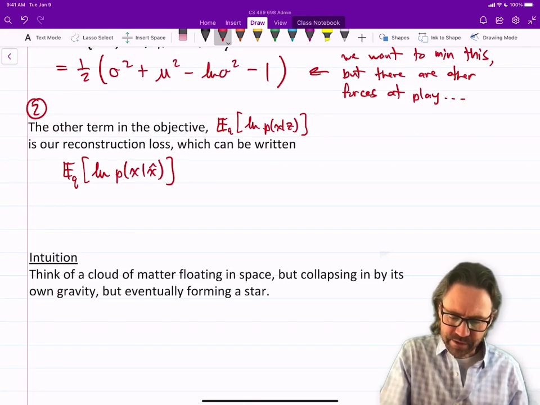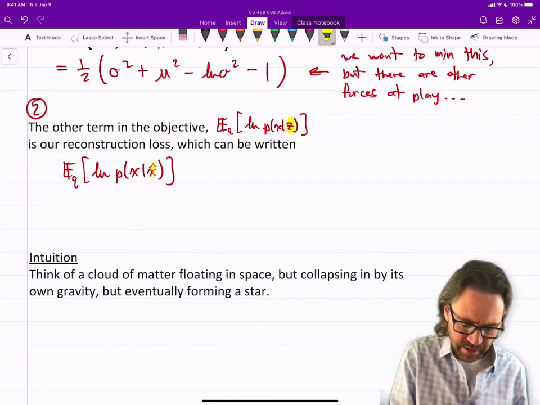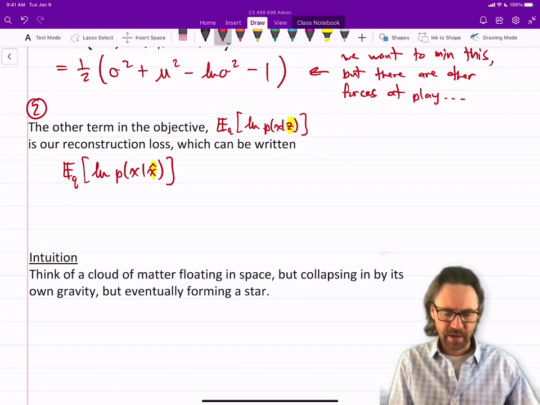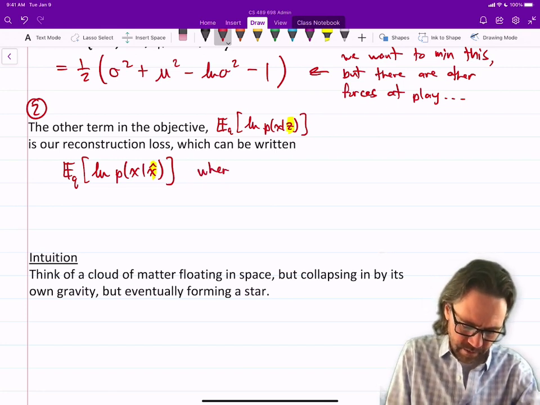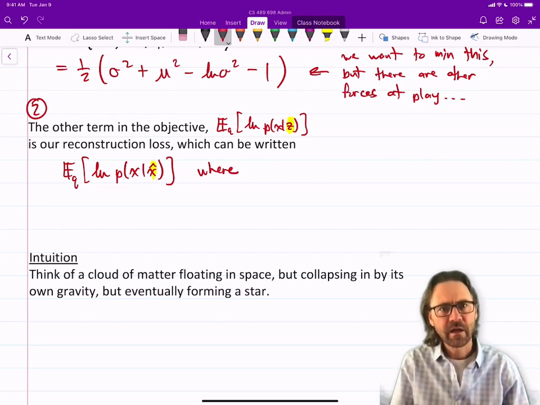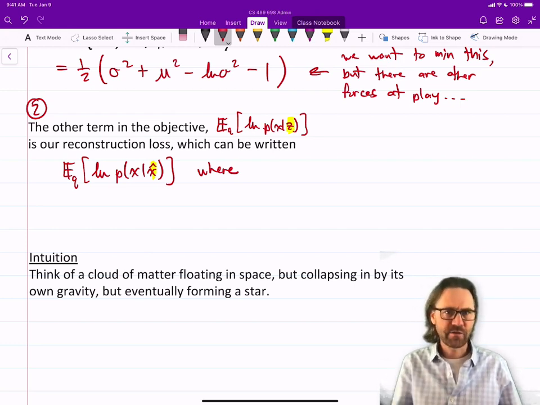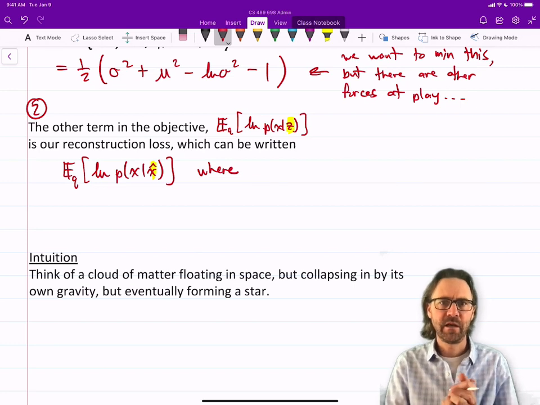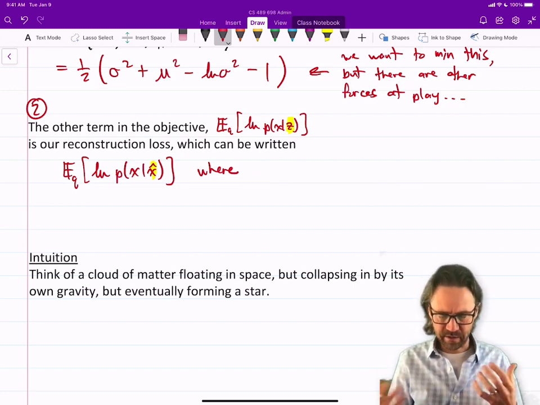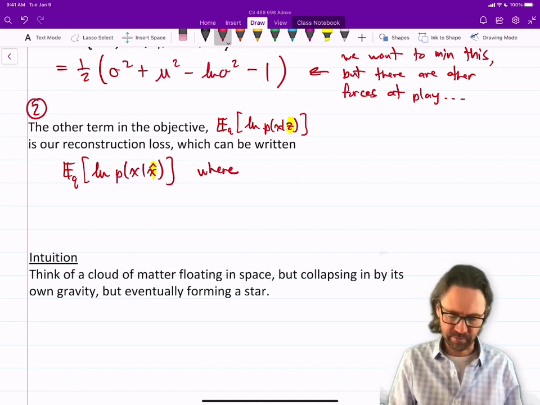So I've replaced this z here with an x here just to make it look more like a loss function. That kind of makes sense because we're feeding our x through our network and getting this x hat out of the network using the encoder and the decoder that we've been playing with.